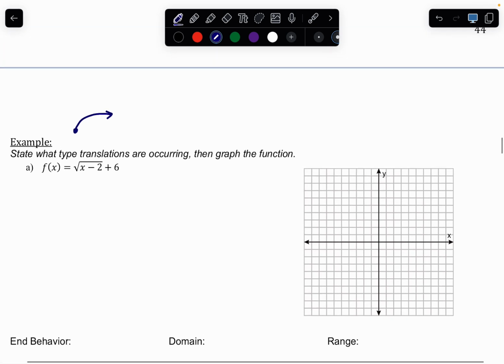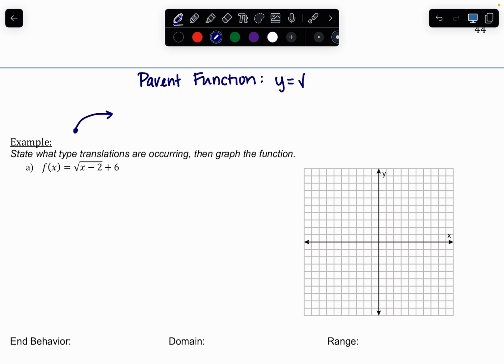Let's talk real quick about the parent function of this. Okay, so the parent function, y equals the square root of x. If we were to make a table just to find some of our basic points. Okay, so I'm going to plug in 0. What is the square root of 0? 0. We can take the square root of 1, and the square root of 1 is 1.